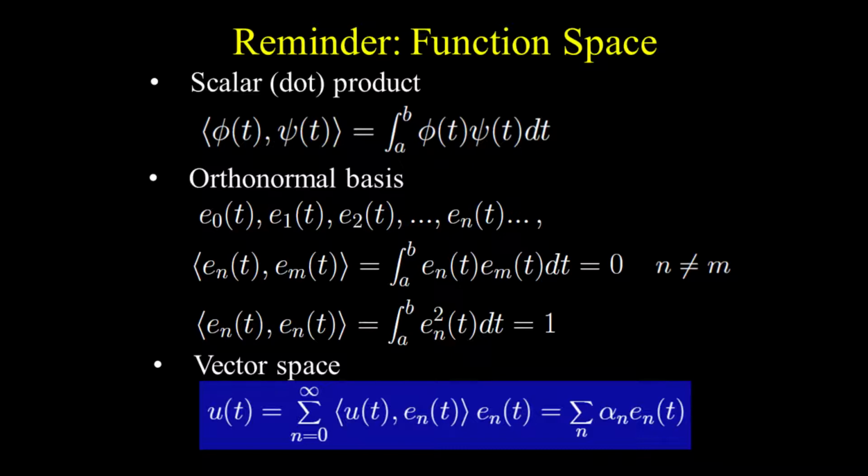Now that we have defined the orthonormal basis of the space of signals, any given square integrable signal in the interval AB, say u(t), can be uniquely expressed as a linear combination of signals constituting the orthonormal basis.